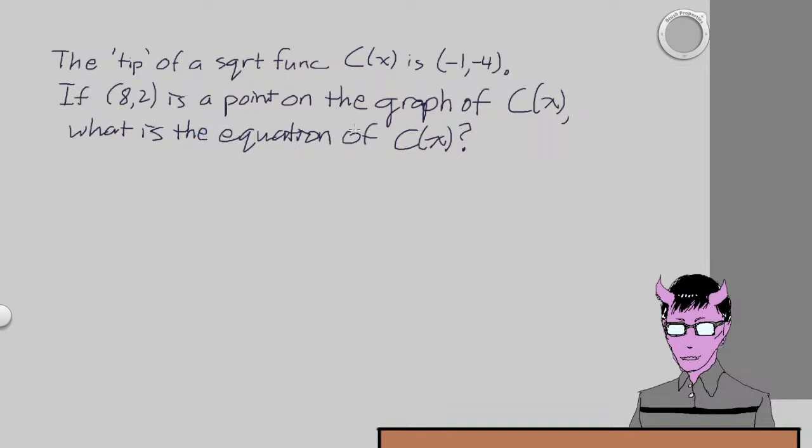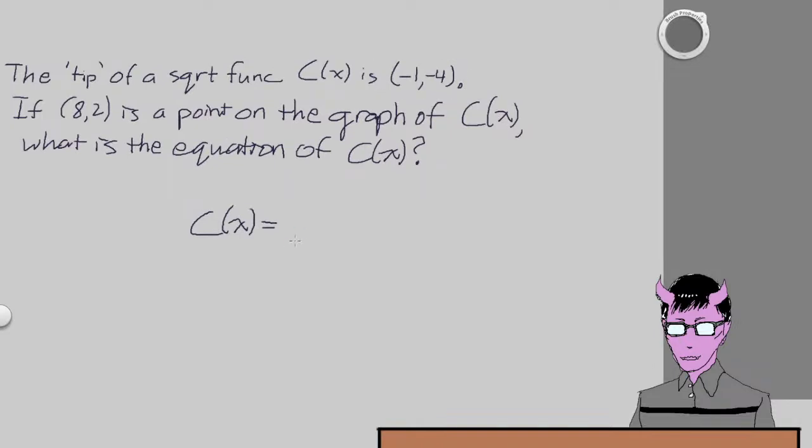So here is the plan of attack. We can use this fact that it's a square root function in conjunction with the tip of that function to generate the skeletal equation. So let us write c of x is equal to skeletal equation. It's going to involve some sort of square root situation with x. This is the x coordinate for the tip, and this is the y coordinate for the tip.